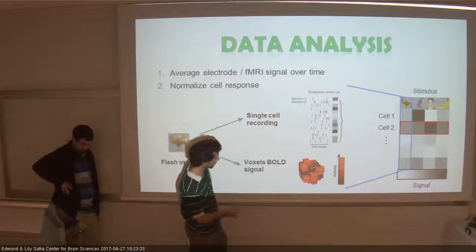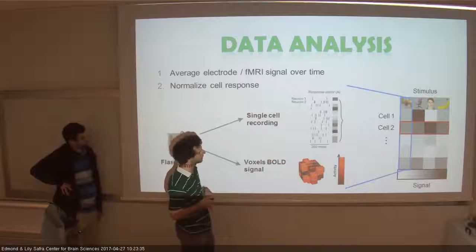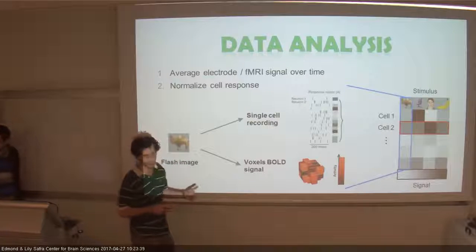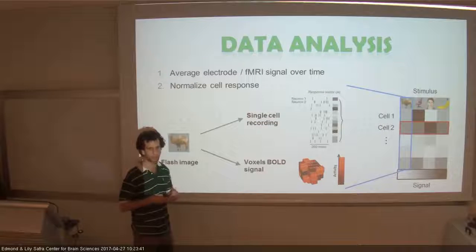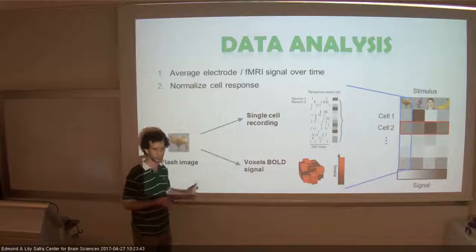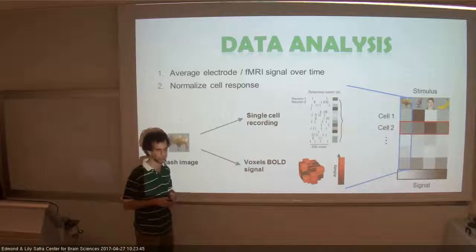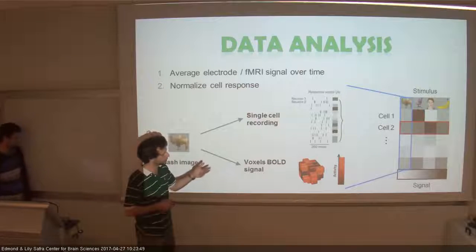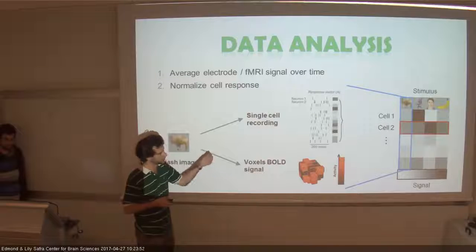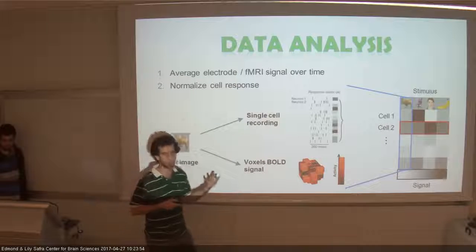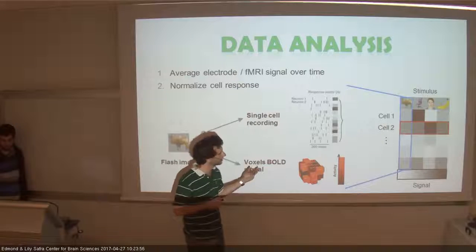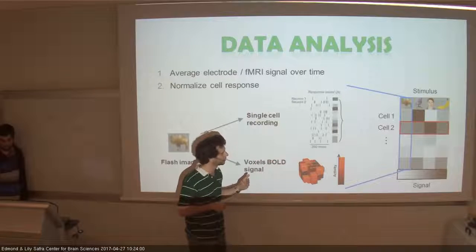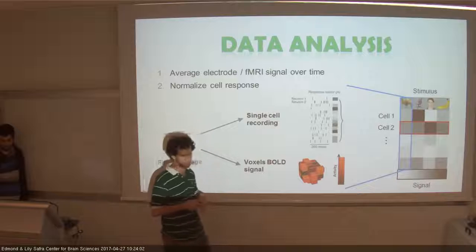So before we go into the main analysis, there's an issue: it's possible that some cells will fire much more than others because they're more sensitive or just have a different baseline. And the real information that we're looking for is the different response for the different stimuli. So we'll need to compensate for this baseline, for this bias.